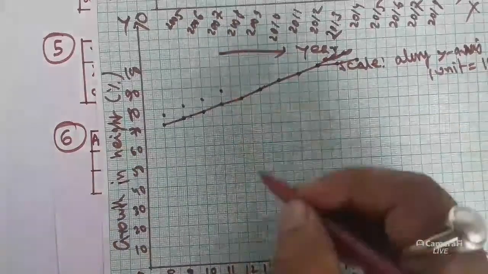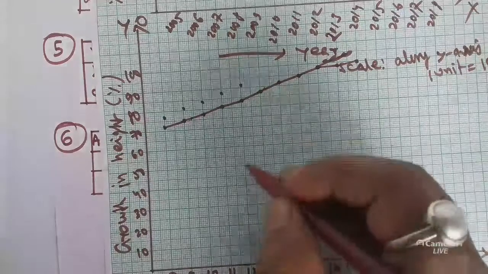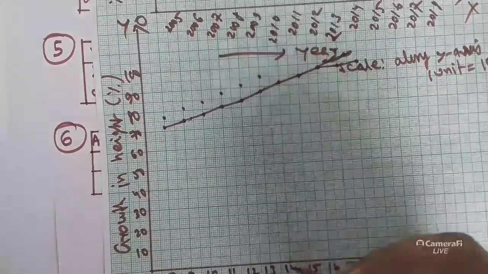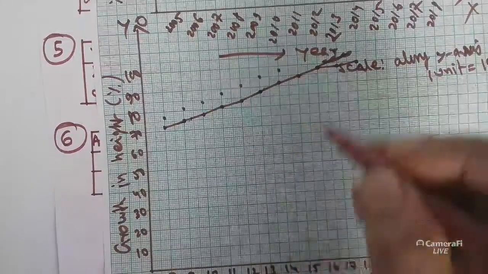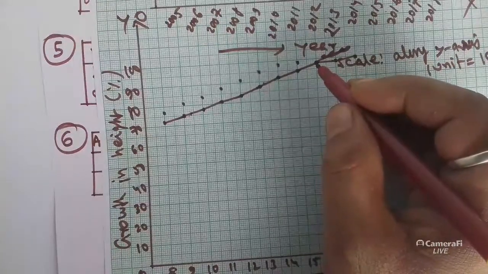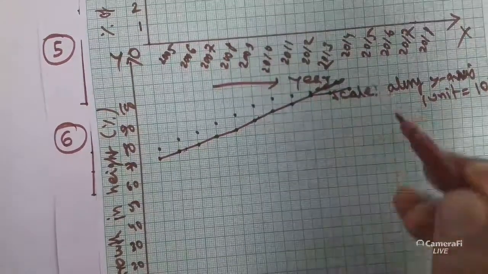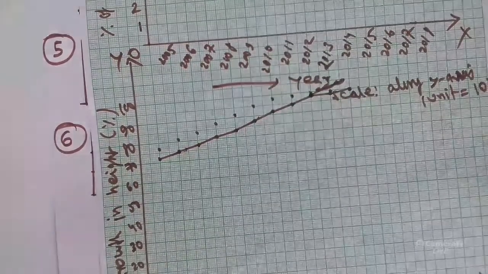For 12 91. For 13 95. For 14 98. For 15 99. For 16 99.5, and then 17 is 100, also 18 is 100.